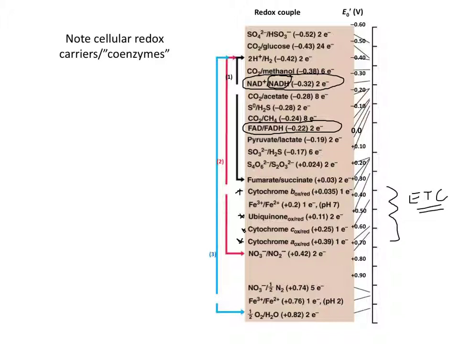NADH is able to take electrons from one part of the cell off to the electron transport chain embedded in the cytoplasmic membrane of prokaryotic cells and drop them off. The only reason it can do that is because NADH has a more negative redox potential than the components of an electron transport chain.